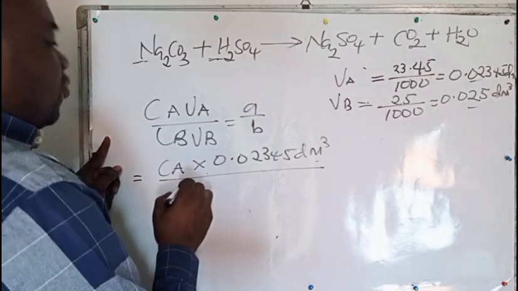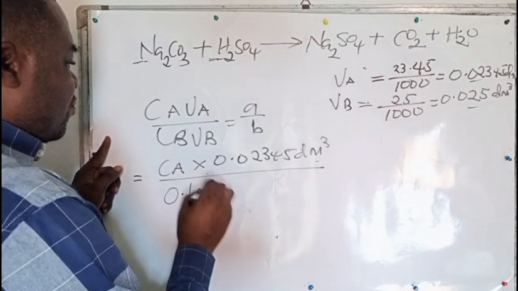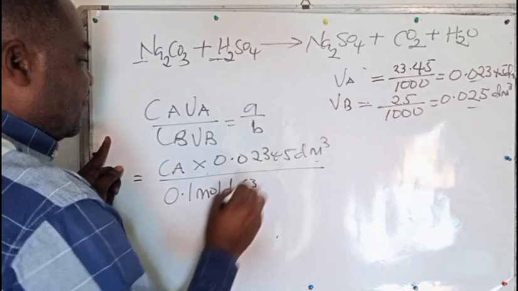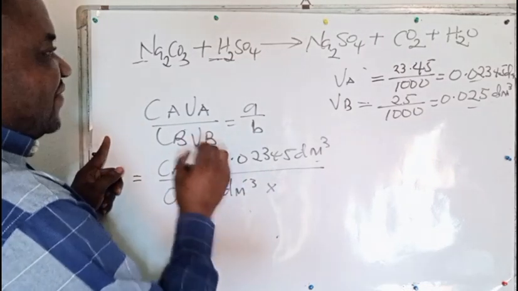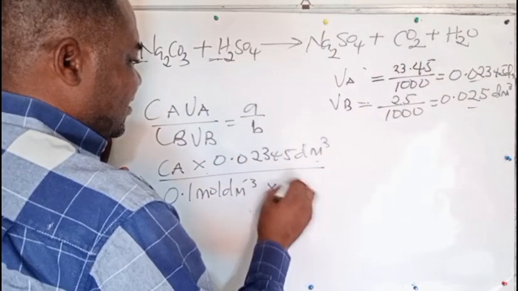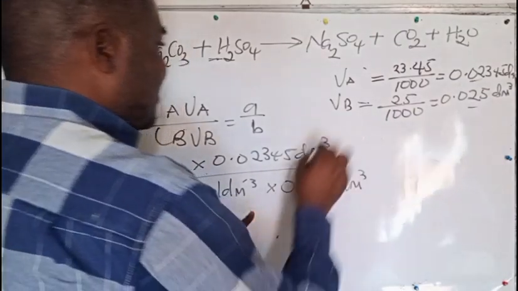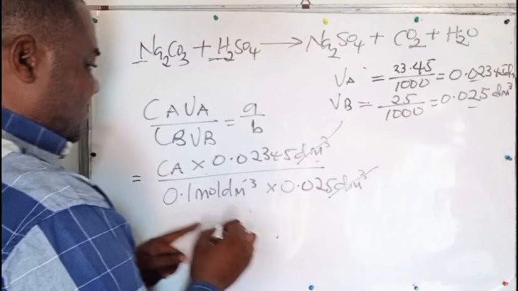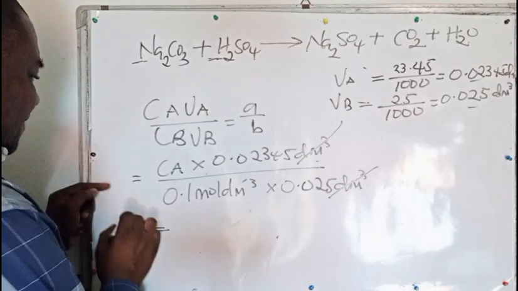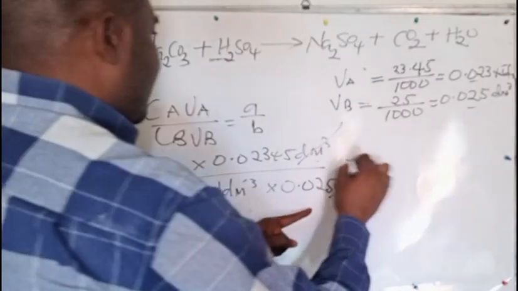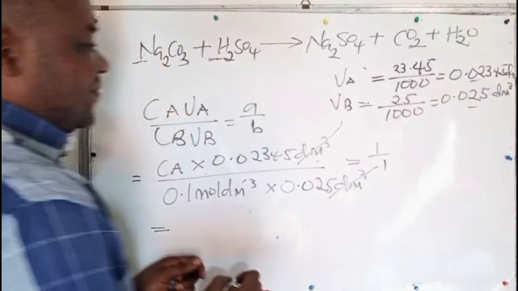Cb, which is the concentration 0.1 mole per dm³, multiplied by the Vb, which is the 0.025 dm³. This will cancel this, and equals the mole ratio, which is this.